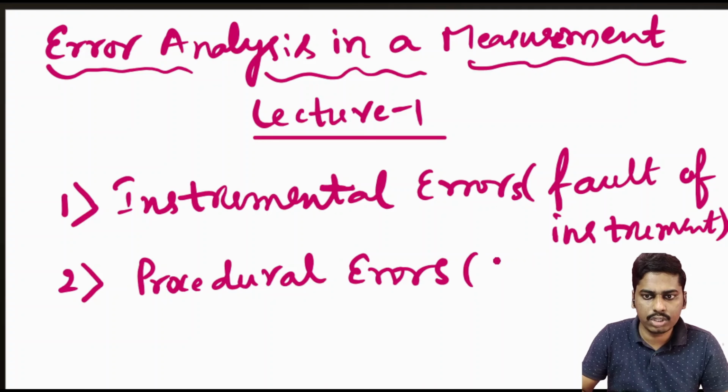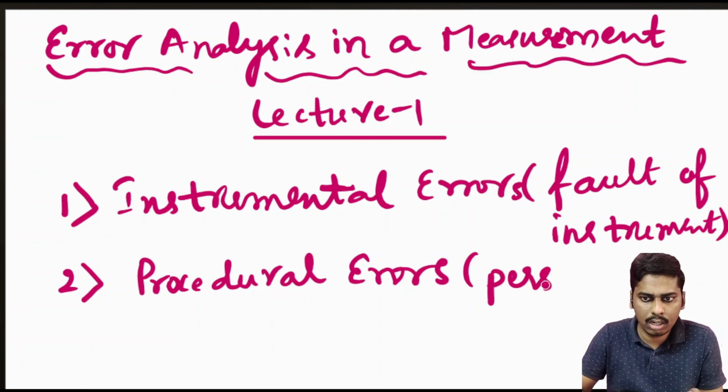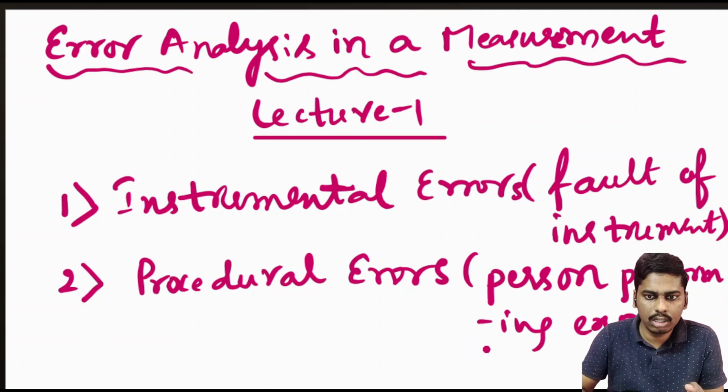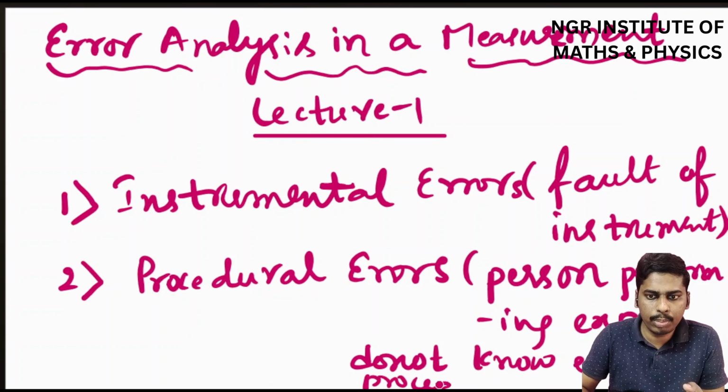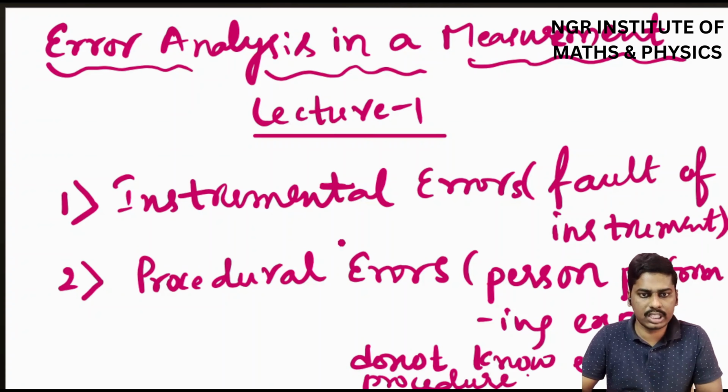Procedural errors means the errors occur when the person who is performing the experiment does not know the exact procedure. Okay, this is the second one.